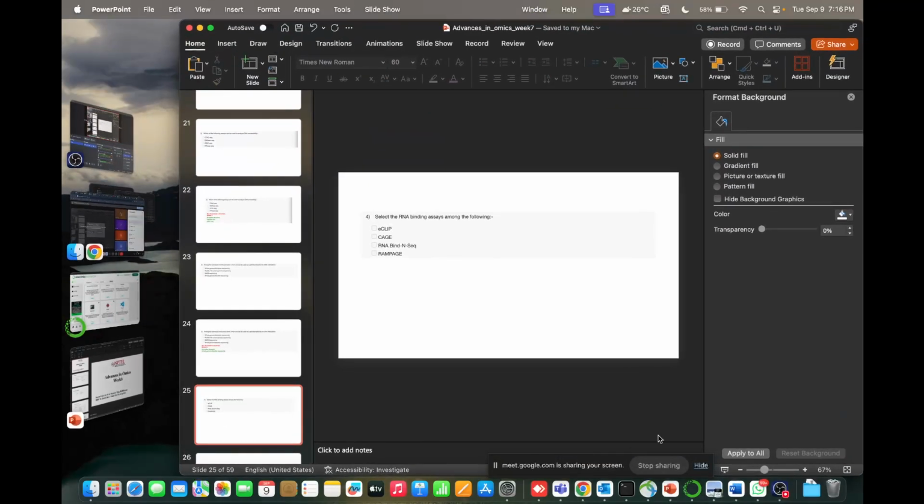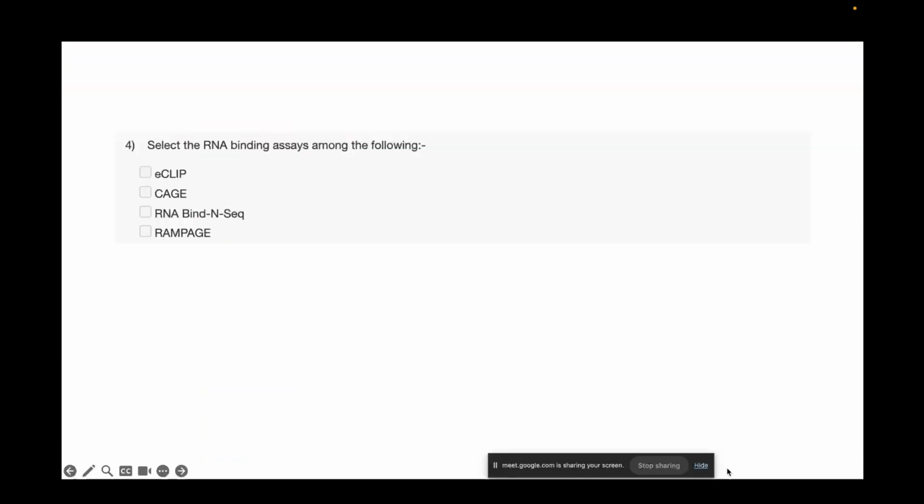Okay. Yeah, that is correct. 1 and 3 are correct. eCLIP is basically enhanced cross-linking and immunoprecipitation. It is an immunoprecipitation assay which checks the binding of RNA with other proteins. RNA Bind-n-Seq, which is basically RNA binding by next generation sequencing, is designed to determine the sequence specificity of some RNA binding proteins.